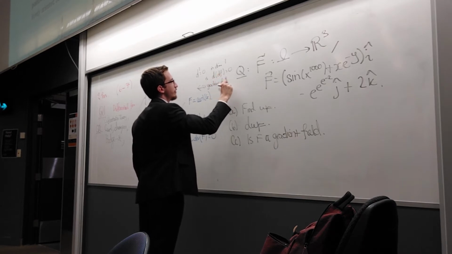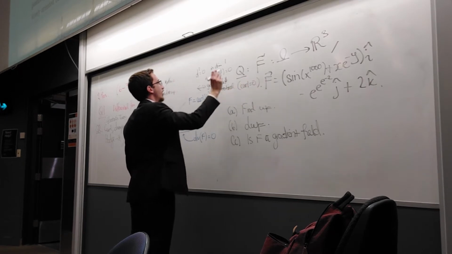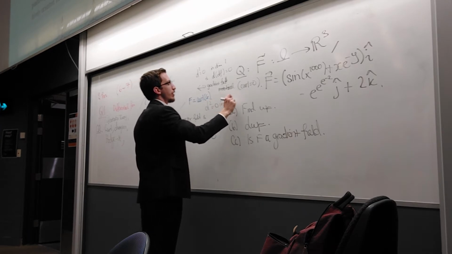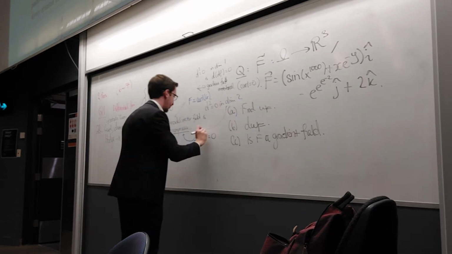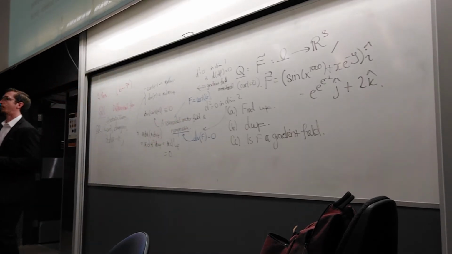What does irrotational mean? Curl is 0. And d squared equals 0 in dimension 2 is this thing here: a solenoidal vector field is incompressible.